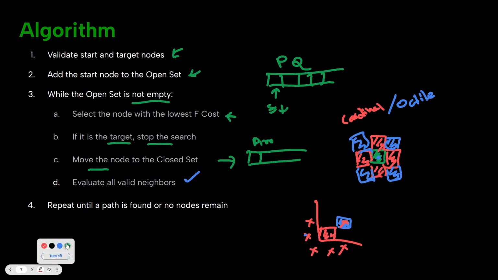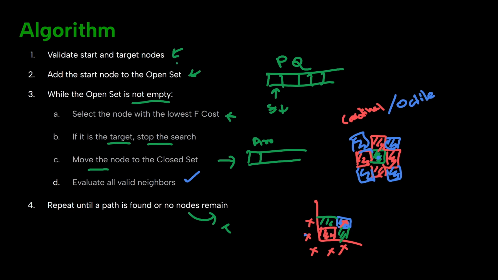So in such a scenario, there could be fewer neighbors that are valid to travel to. So likewise, we have to evaluate all the valid neighbors and determine their cost to build a path from start to target. And then we have to repeat this process until we find no nodes remaining or until we reach the target. Okay, so that's the algorithm.